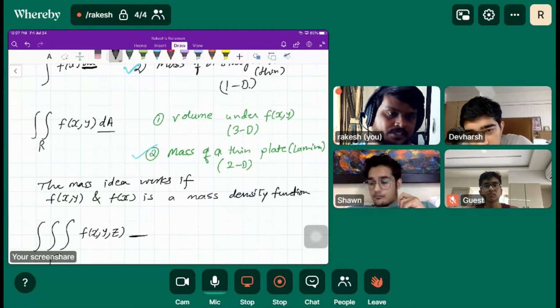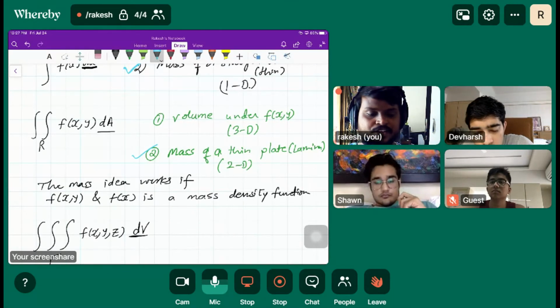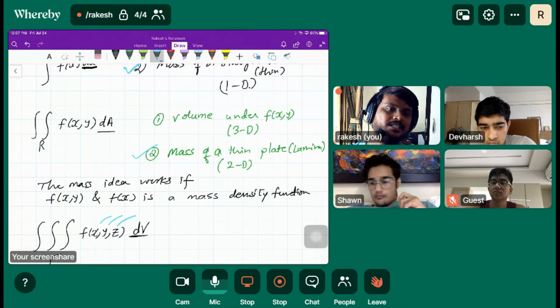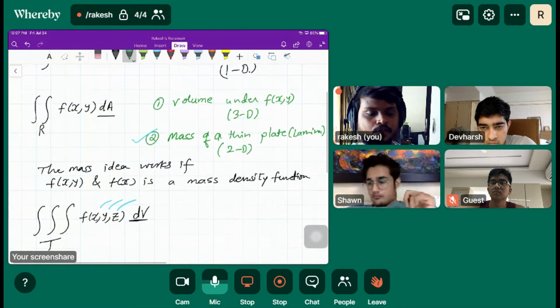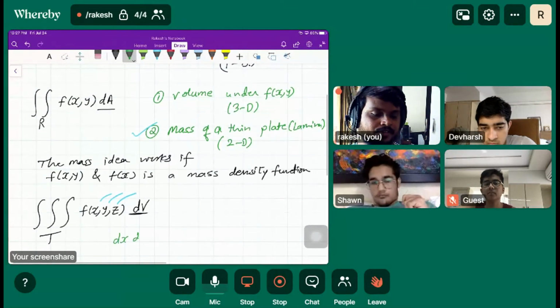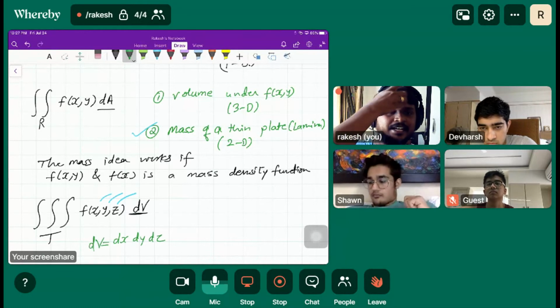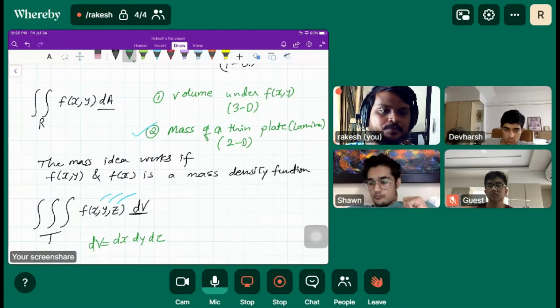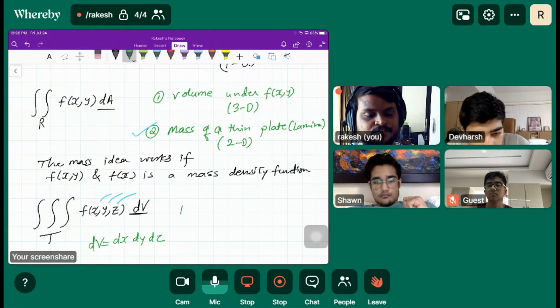It should be dv, because this needs to be integrated with respect to x, y, and z. So dx, dy, dz gives us the sense of volume. So let's talk about the triple integral. What does it give us? First of all, what is the first idea?